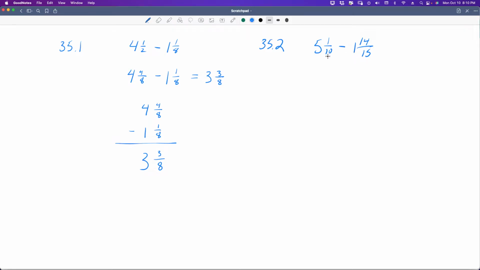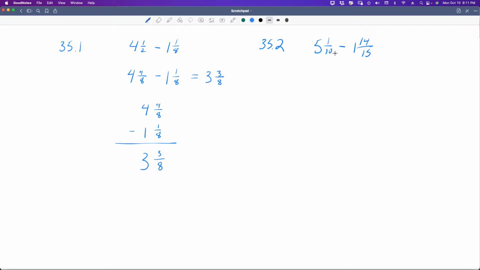However, we have factors that really don't work together. Here we have 2 and 5. Those are the factors of 10. And the factors of 15 are 3 and 5. 3 times 5 is 15. So we can't reduce this by 3 to get to 5, and we can't reduce this by 2 to get to 5 as a common denominator. Those are the only common factors we have.